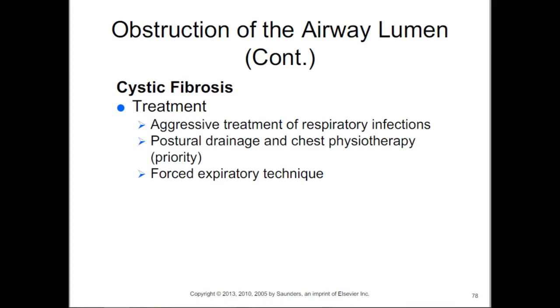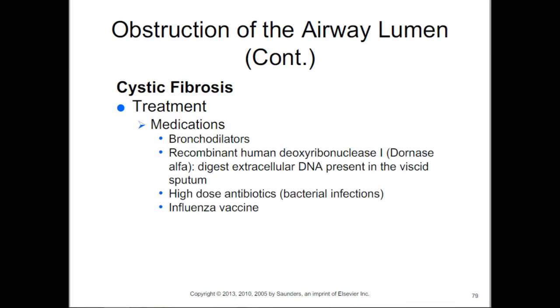So aggressive treatment for all respiratory infections if the person has cystic fibrosis, right? Postural drainage. So again, this is either cupping or even physiotherapy and forced expiratory techniques. They've got to learn how to get rid of that extra mucus so that they can breathe properly.